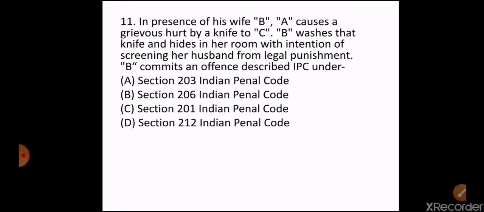The correct answer is option C, 201. It deals with the causing disappearance of evidence of offence or giving false information to screen the offender.